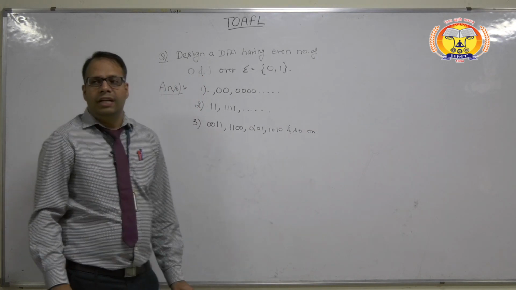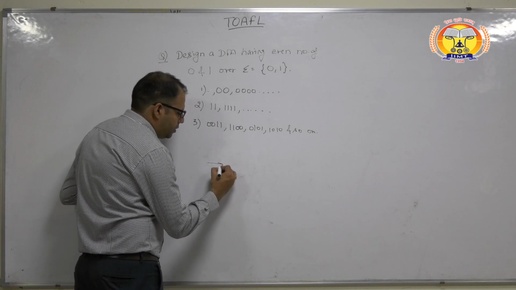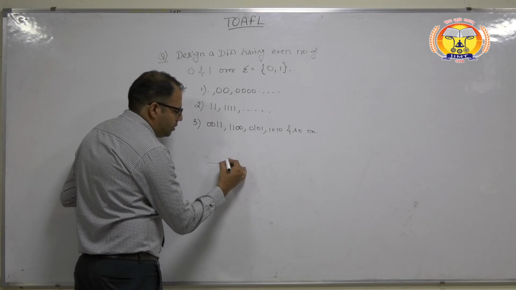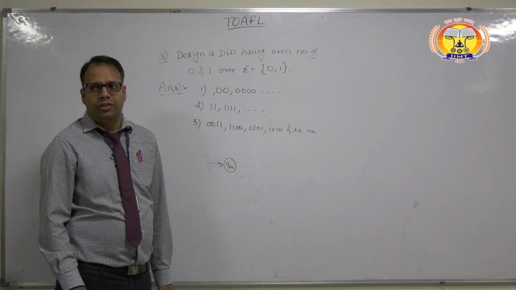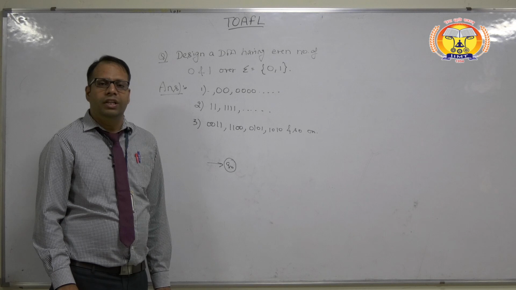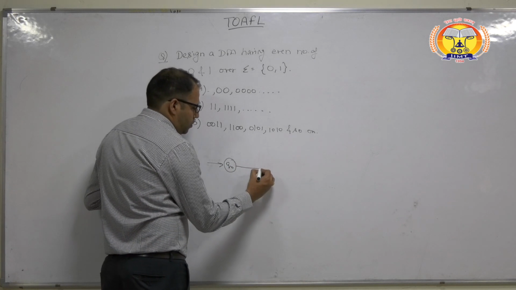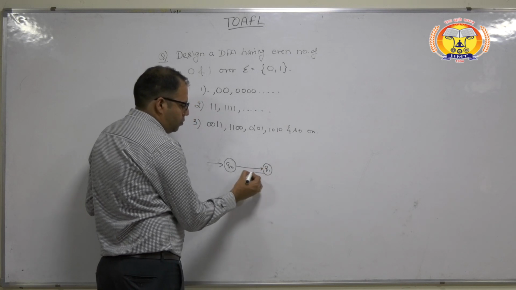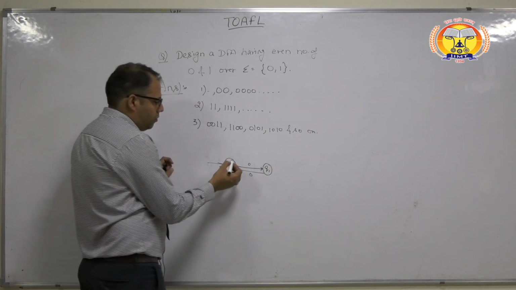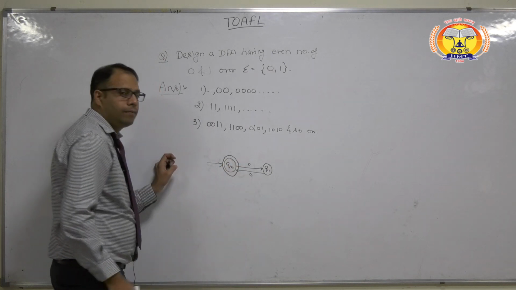Now we will design a finite automata. We start with Q naught as the initial state. First condition, we design for the even number of 0s, like 0 0, and if the value is even, then this one is known as the final state.